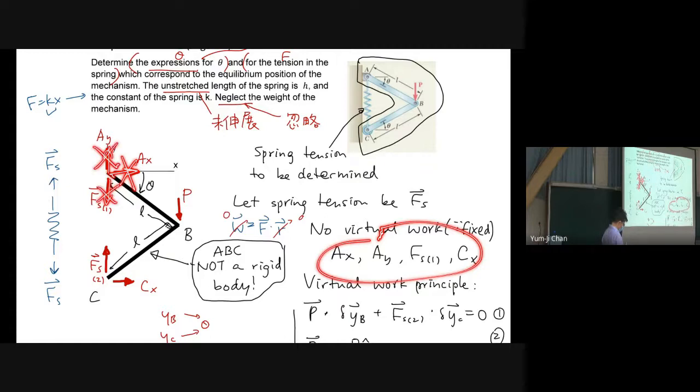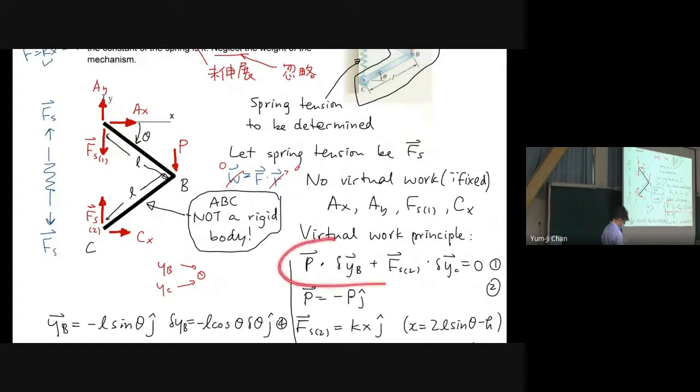And point C cannot move in the x direction, so this one is also equal to 0. So we only have 2 components in the virtual work principle. The remaining thing is how to write P, YB and YC.